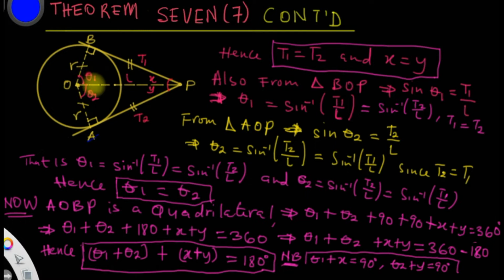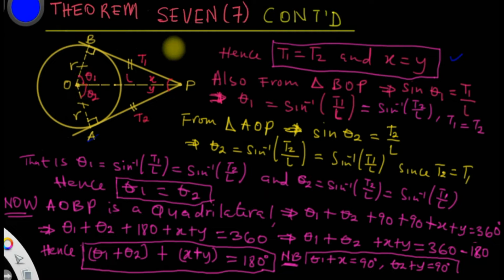We are coming to show that theta 1 is equal to theta 2. This is what we have already done. Also, from triangle BOP, this is sin theta 1.